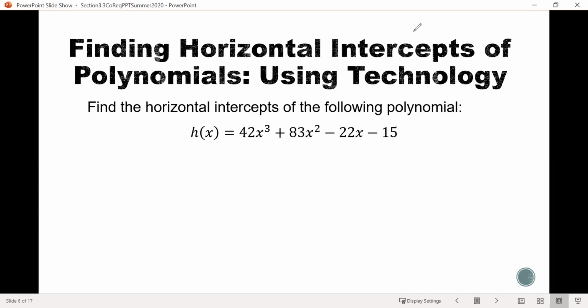All right, so we have this polynomial, h of x equals 42x cubed plus 83x squared minus 22x minus 15. We need to find the horizontal intercepts here.